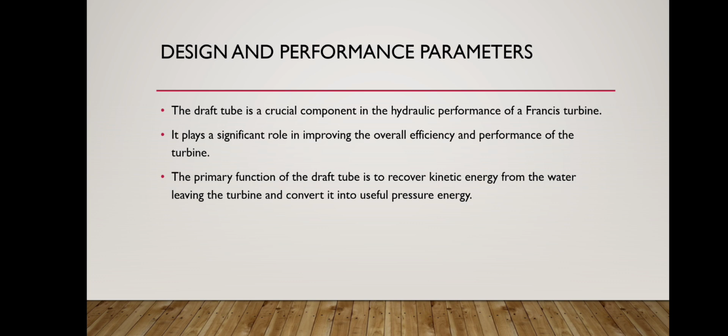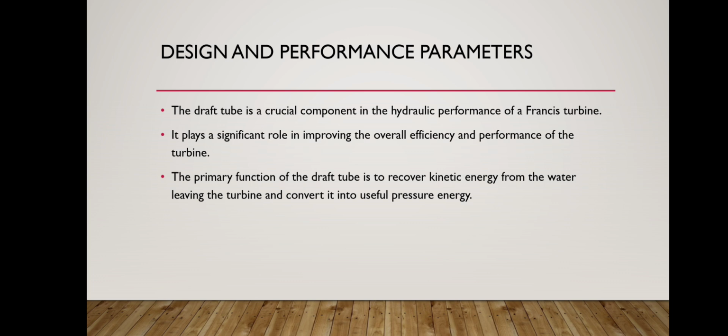We all are aware of the primary function of the draft tube, and if this crucial component isn't playing its part, then the hydraulic performance of the Francis turbine will be depleted.